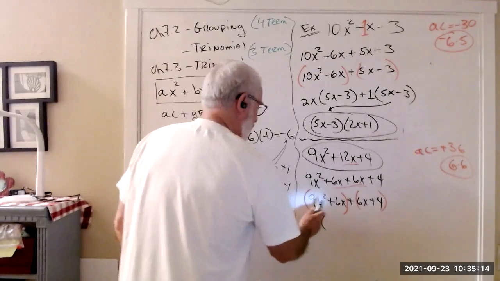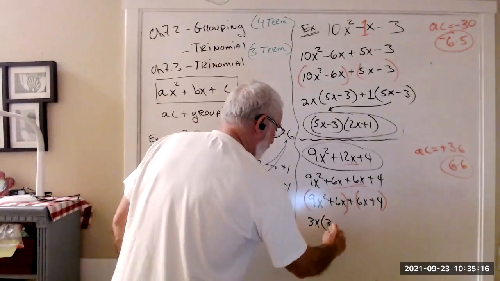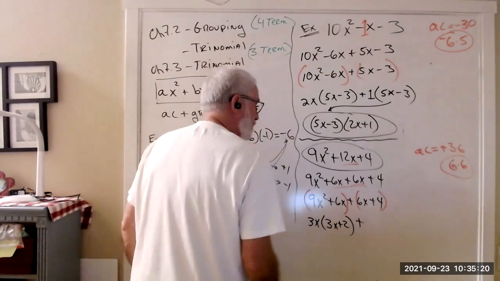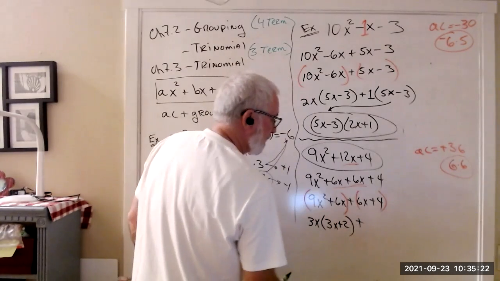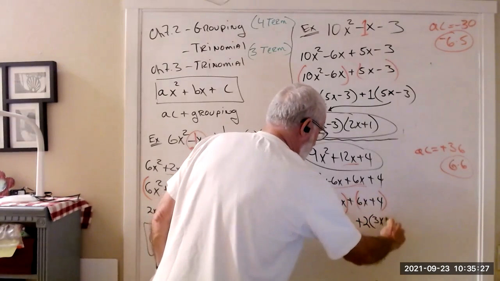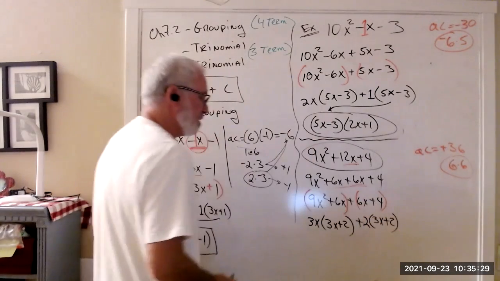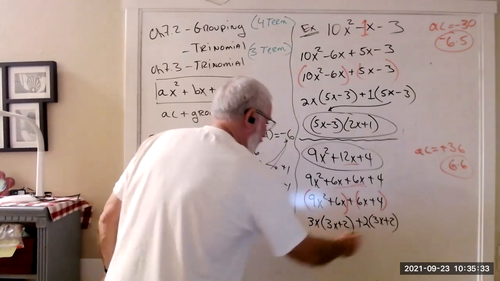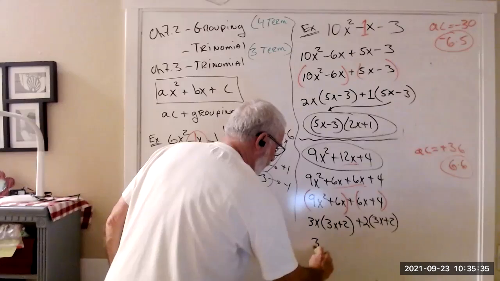Okay, so I take a 3x out of here, leaving a 3x plus 2, plus I take a 2 out of here, leaving 3x plus 2. This is interesting. I can still go down one more. So I can bring the 3x plus 2 out front.